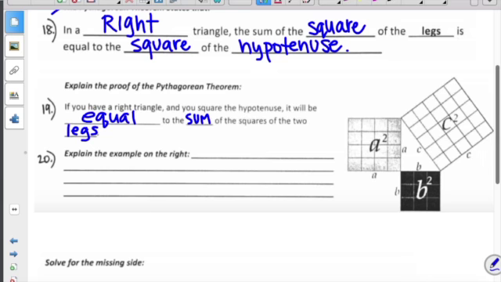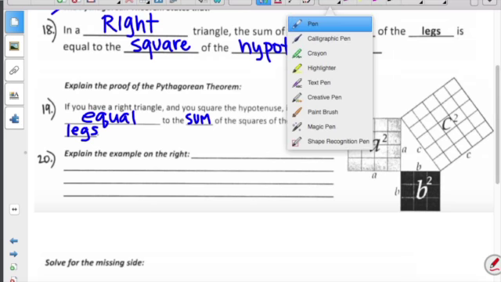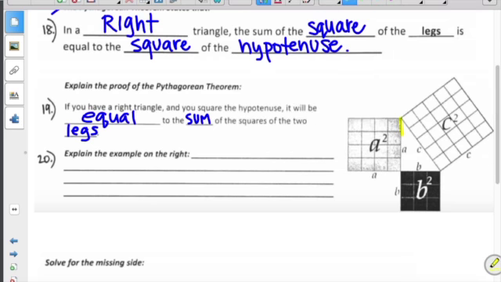So let's look over here at the picture. We have a right triangle. Here is our right triangle. We have our legs, A and B, and we also have our hypotenuse, C. If you square the hypotenuse, so C squared, what is C? 1, 2, 3, 4, 5.